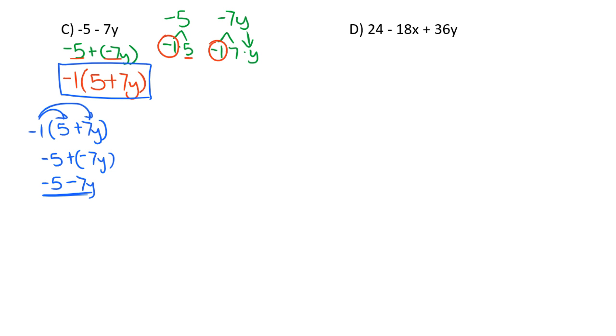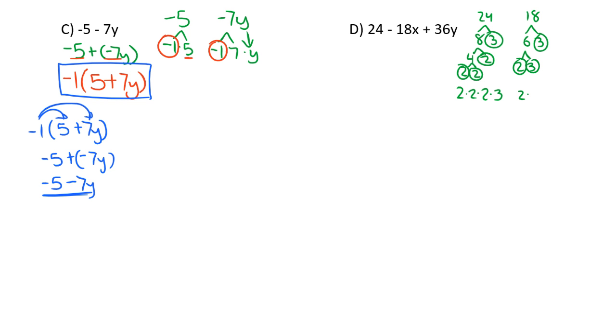All right, now in this last example, we see that we have 3 terms. So now we need to break this down by saying, okay, 24 breaks down into 8 and 3, which then breaks down into 4 and 2, which then breaks down into 2 and 2. So really this is 2 times 2 times 2 times 3. 18 breaks down into 6 and 3, and then 6 breaks down into 2 and 3.